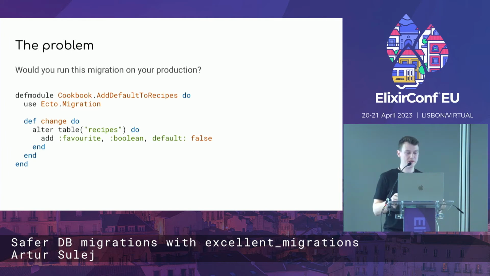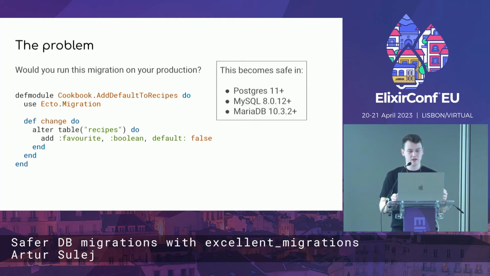But it can be dangerous, because adding a new column with a default can make the database want to fill all those values, which may take a lot of time if the table is pretty big. So it becomes safe since those versions.